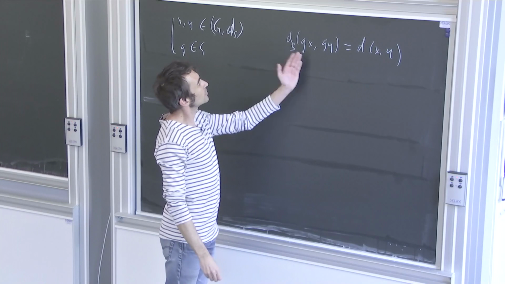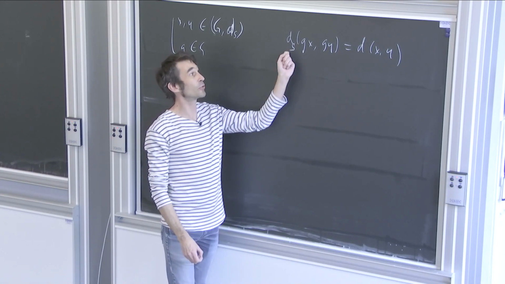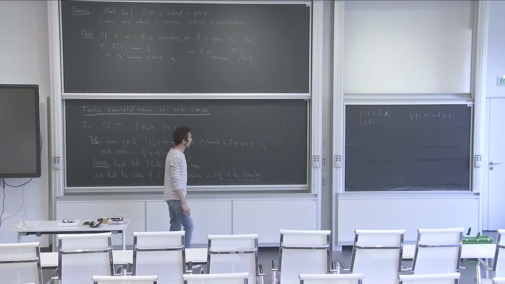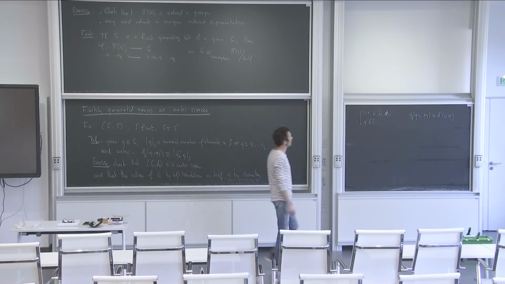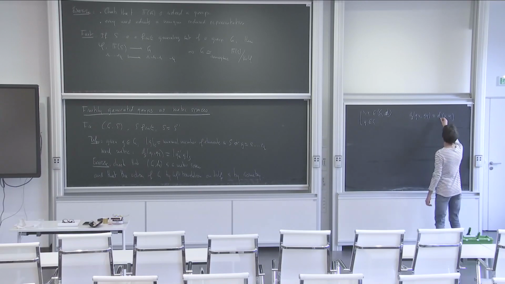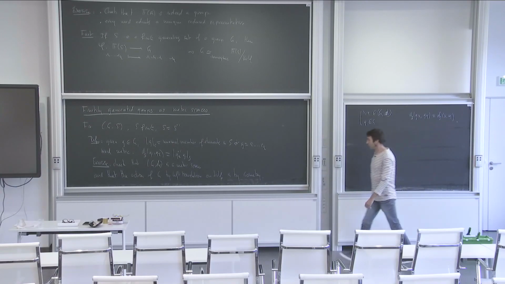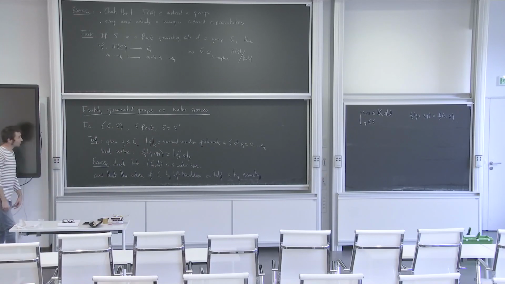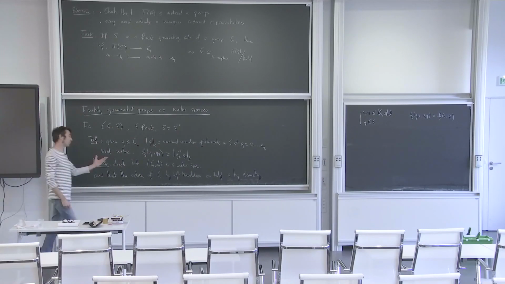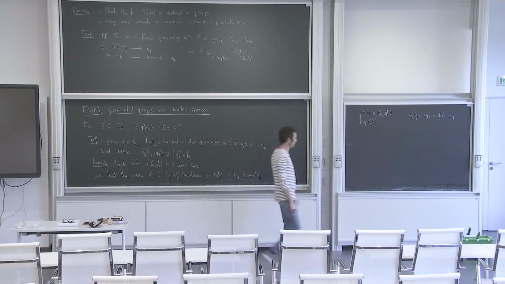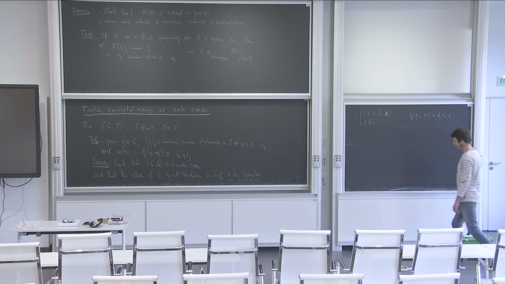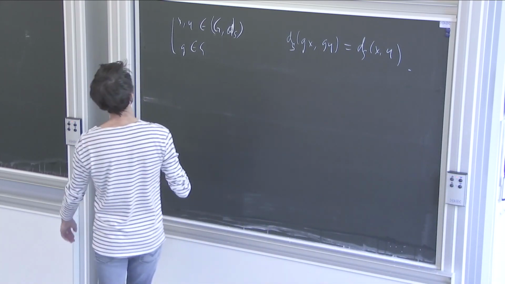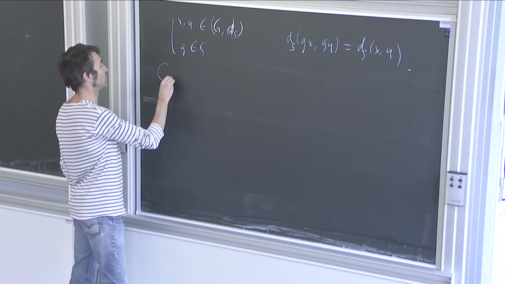Okay, because if I make the translation on the left, it means just that I multiply by g on the left of the elements of the group. And so, of course, in this way, it looks a little abstract. So we have a geometric realization of the word metric, and this is what we call Cayley graphs.